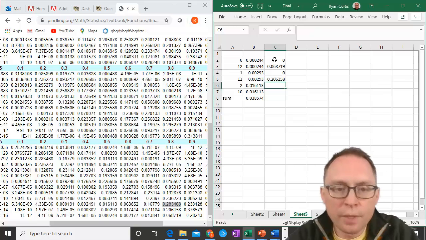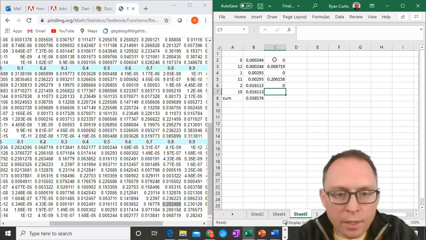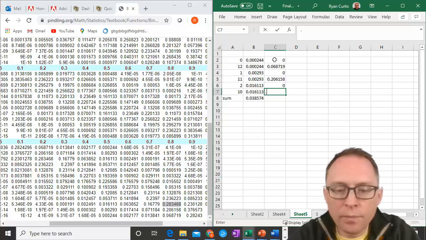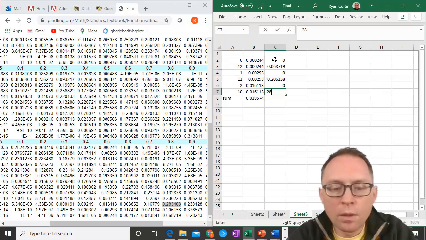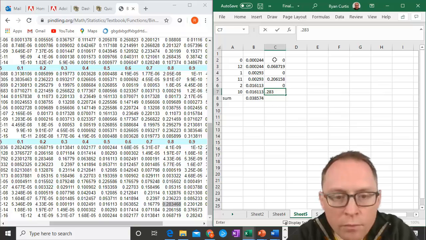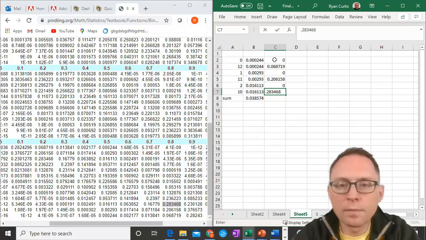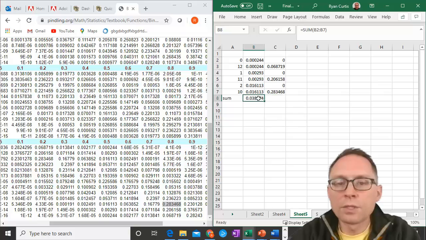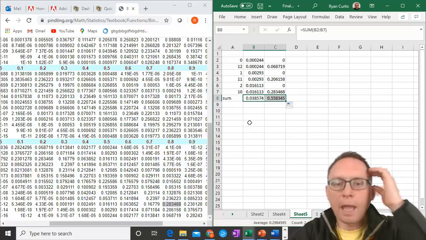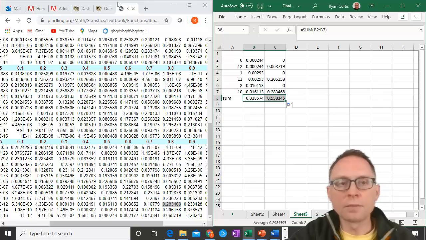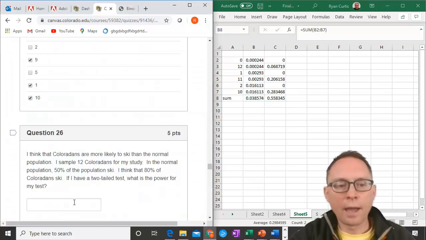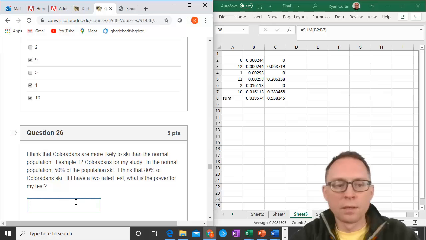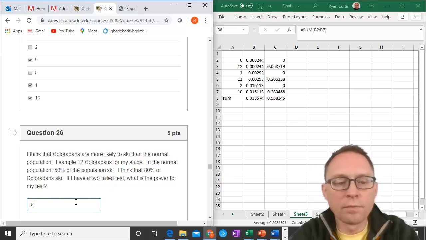Probability for 2 is essentially 0. And the probability for 10 is 0.2833468. When you add all those together, you get 0.558. So that means that the power for this is 0.56.